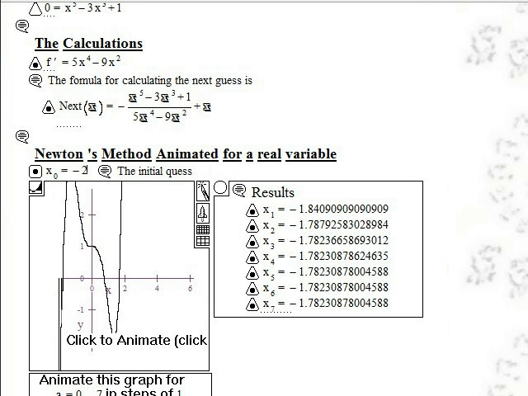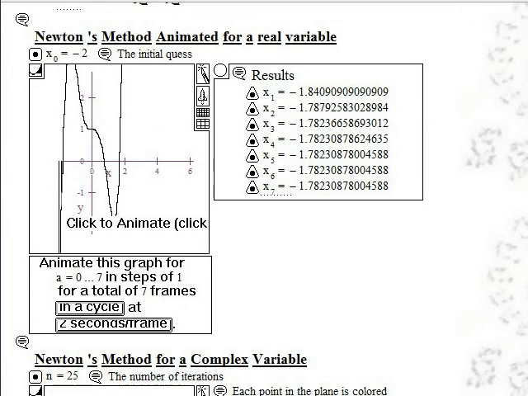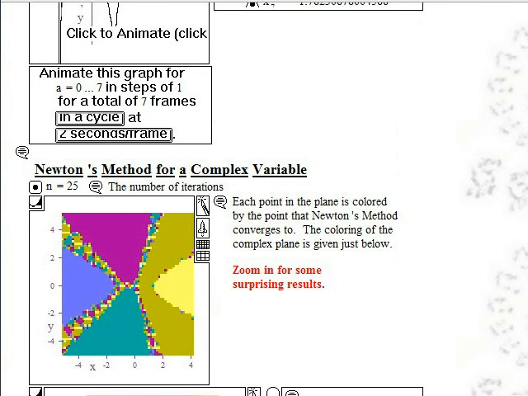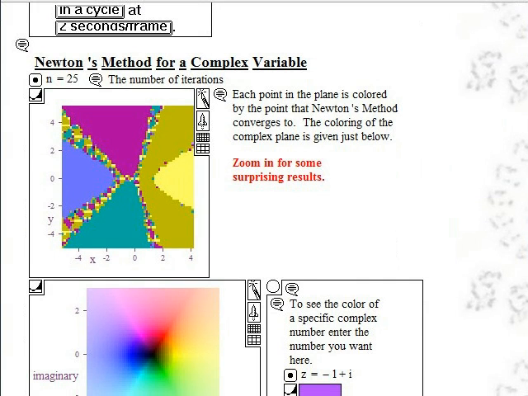What I want to look at, though, is this complex graph down below. So I'm scrolling down. And this is substantially more complicated than what we saw before. Now I've got a fifth degree polynomial, so I'm expecting 5 x-intercepts. I can see the 3 real ones.